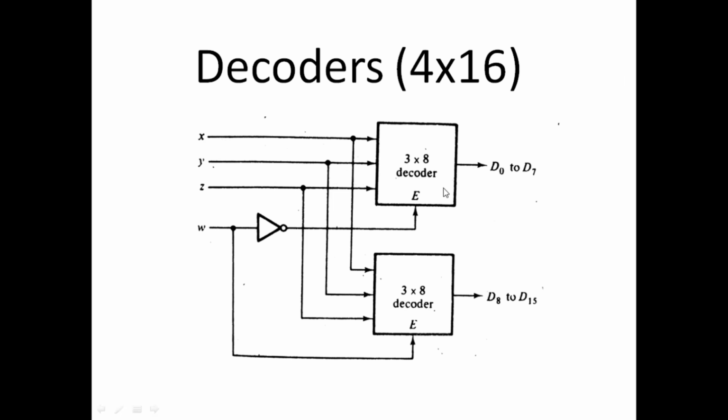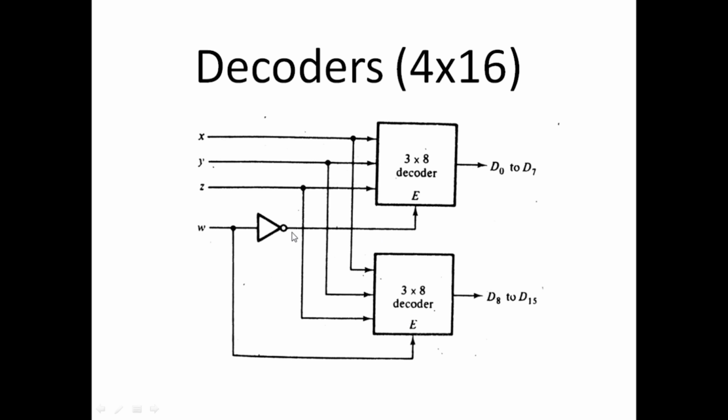We have a 3 to 8 line decoder with the enable pin. The 3 inputs X, Y, Z are connected to the 3 to 8 line decoder. We have D0 to D7, 8 outputs, and we have another decoder, and the same 3 inputs are connected to the input lines of the 3 to 8 line decoder.